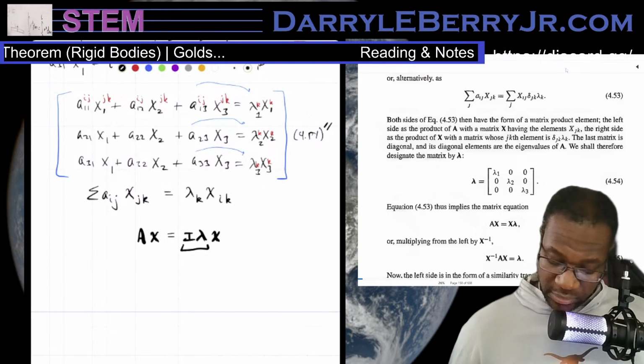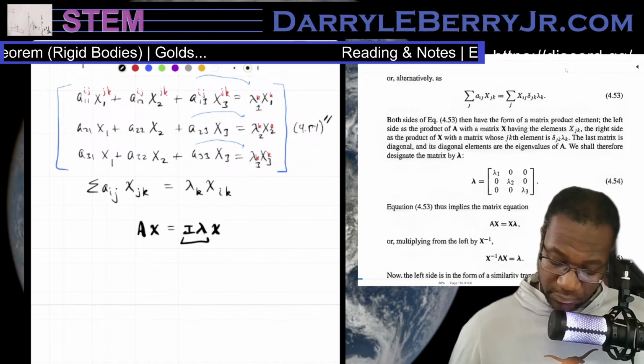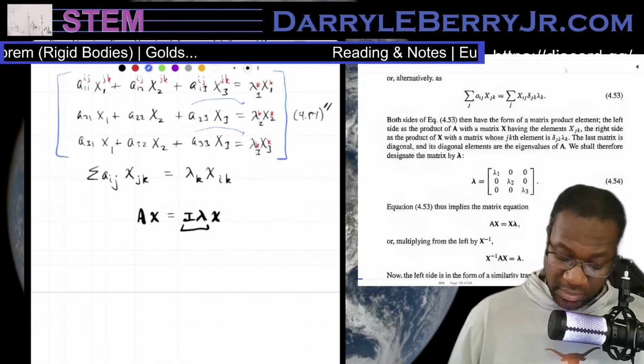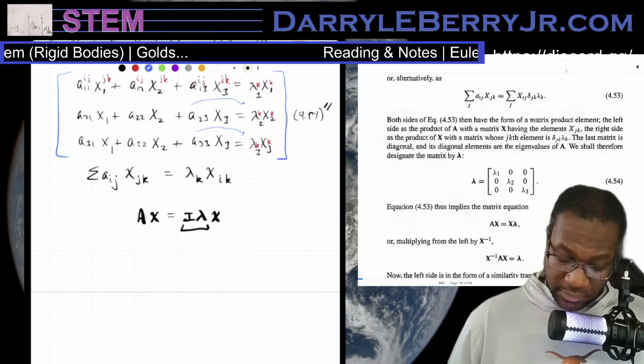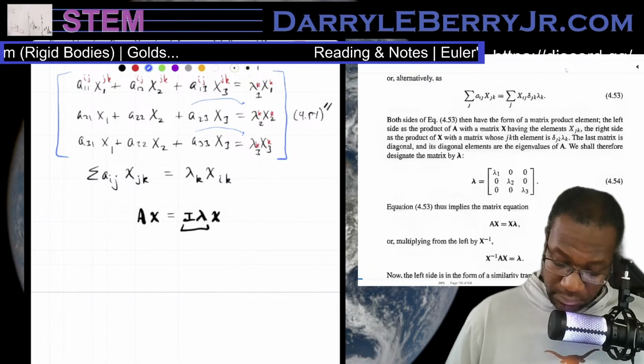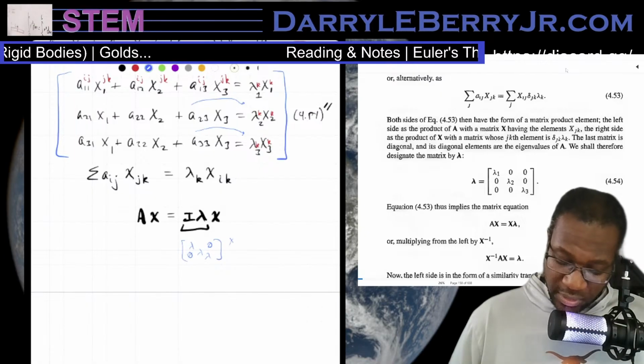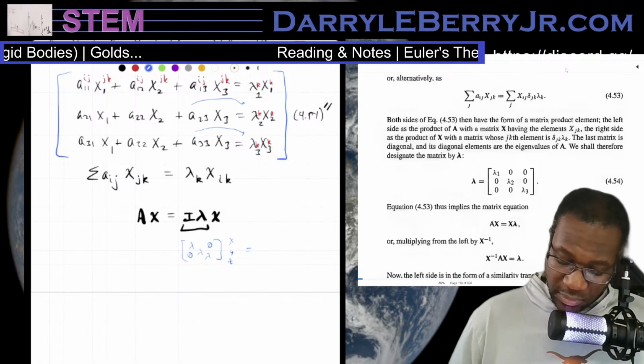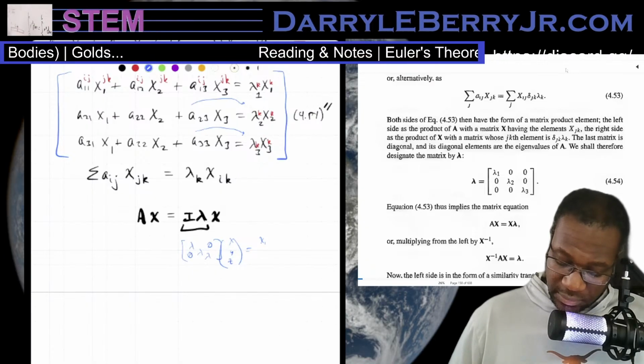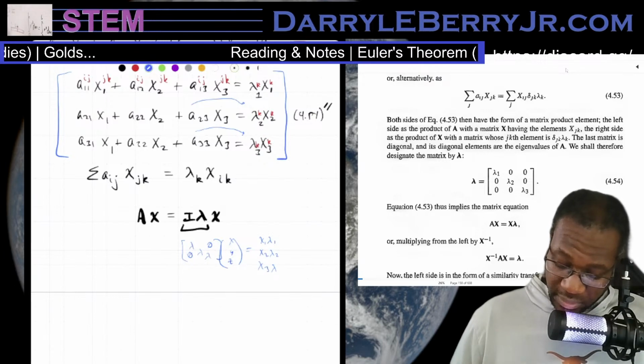So this is the matrix lambda, lambda, lambda, and this is the vector x. So basically we have lambda, lambda, the zeros, x, y, z. That's going to equal x1 lambda 1, x2 lambda 2, x3 lambda 3.